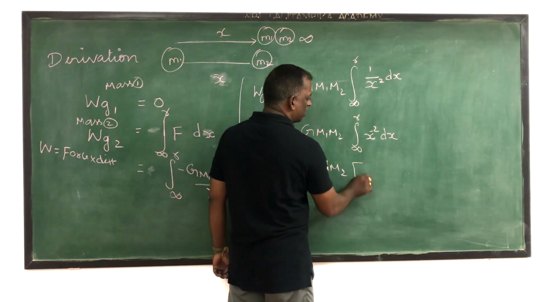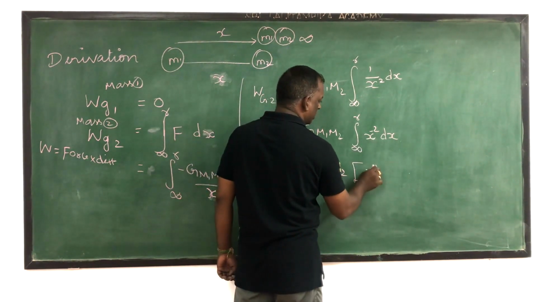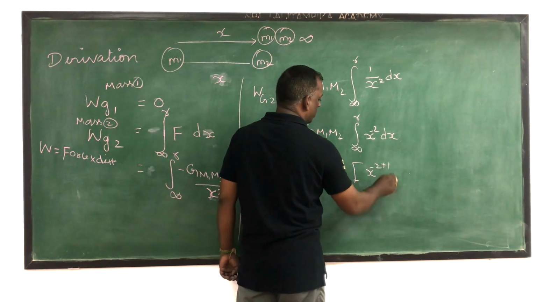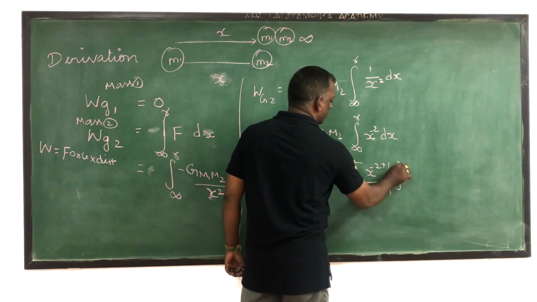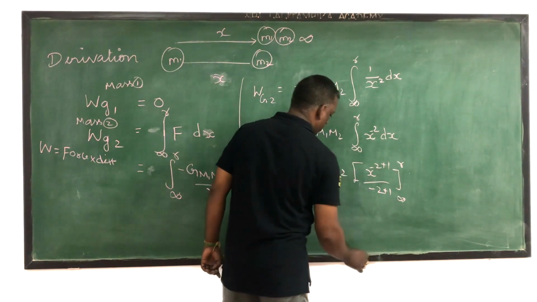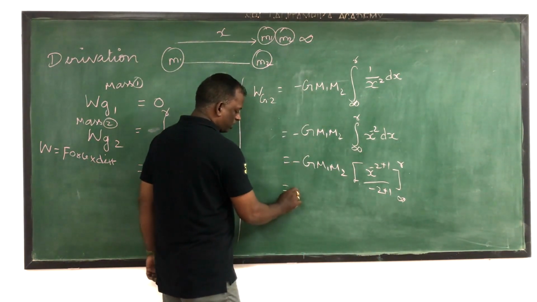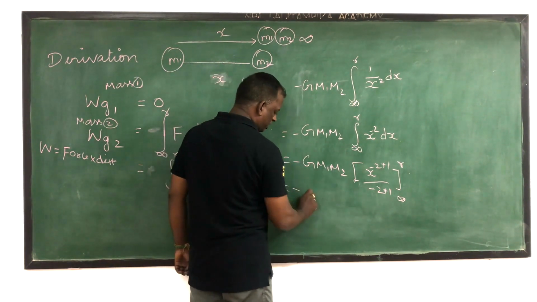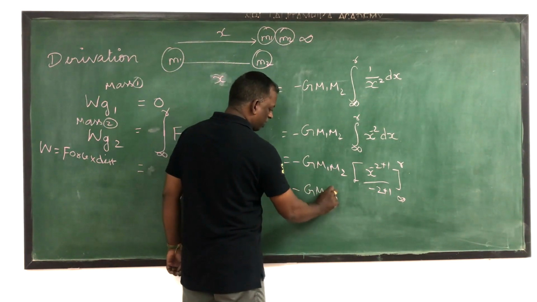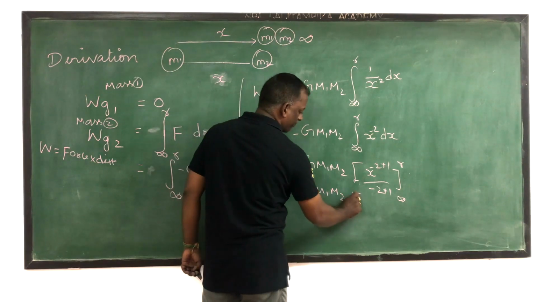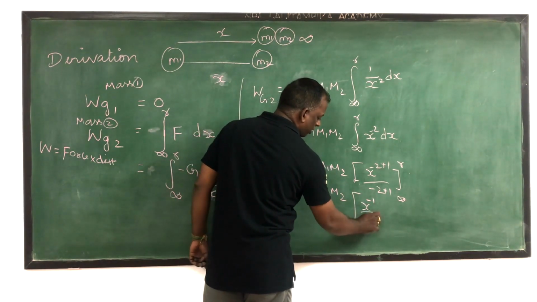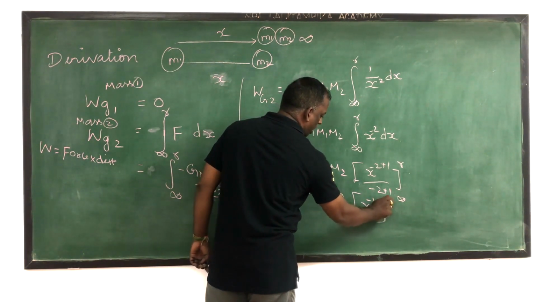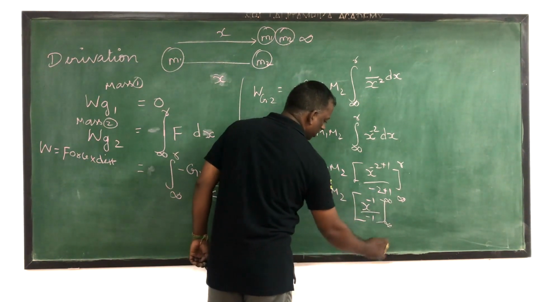So what is the integration of x power minus 2? It is x power minus 2 plus 1 divided by minus 2 plus 1, r to infinity. So which is equal to minus G m1 m2 x power minus 1 divided by minus 1, r to infinity.